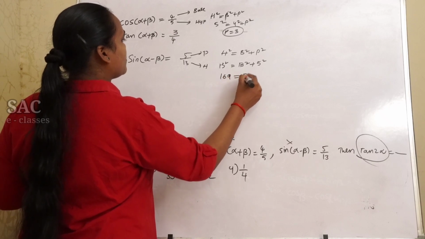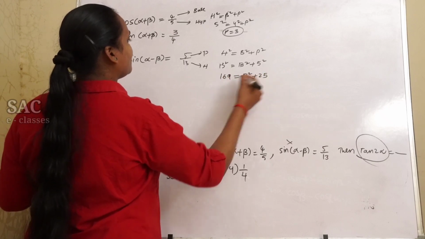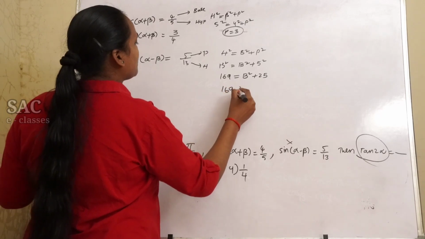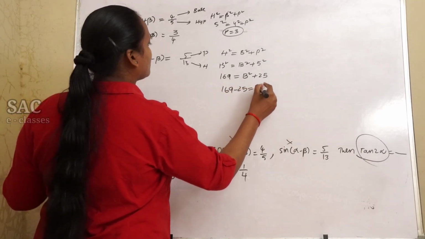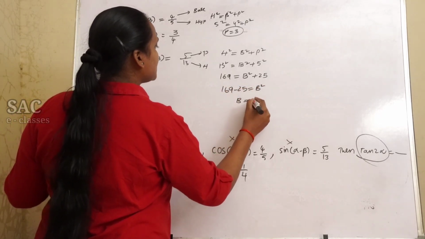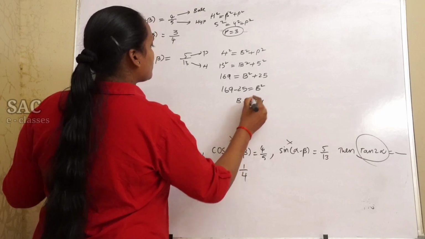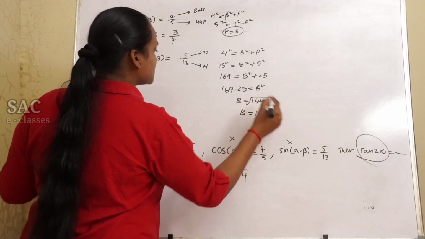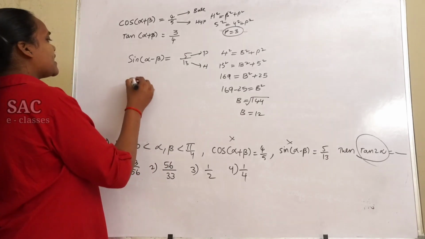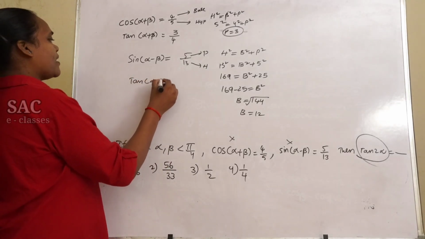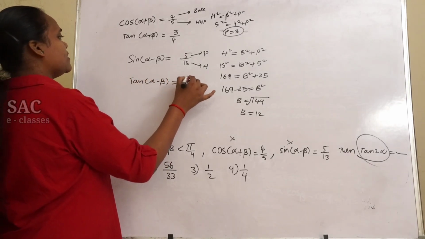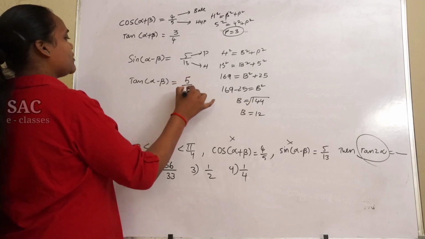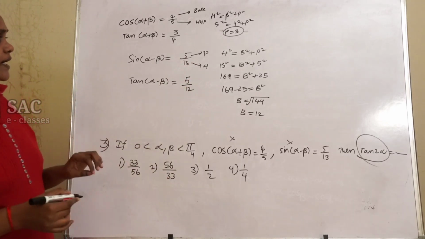So 169 equals base square plus 25. Then 169 minus 25 equals base square, where base is root over 144, which is 12. Simply, tan of alpha minus beta is 5 by 12.